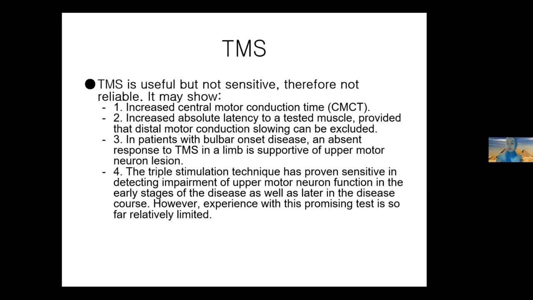Now, another new technique, which is very important and I would like to talk about specifically, is the triple stimulation technique. With magnetic stimulation, I'm using stimulation at three sites, over the skull, the roots and distally, for example over the wrist. They are stimulated in a sequence. Why?